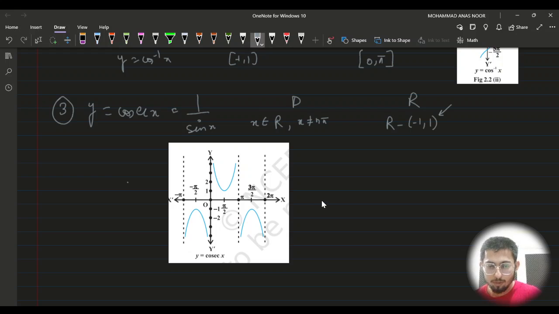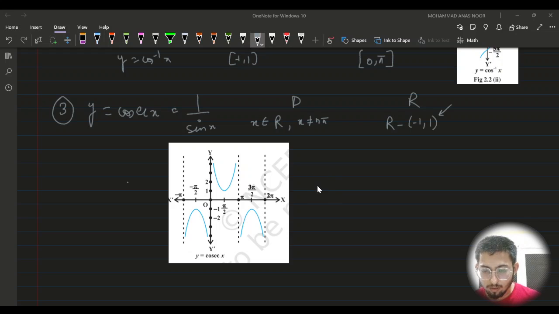Now, if you want to make it an inverse, what will you have to do? You'll have to restrict it, right? So in this case, what will we do? You see it in the book, right?